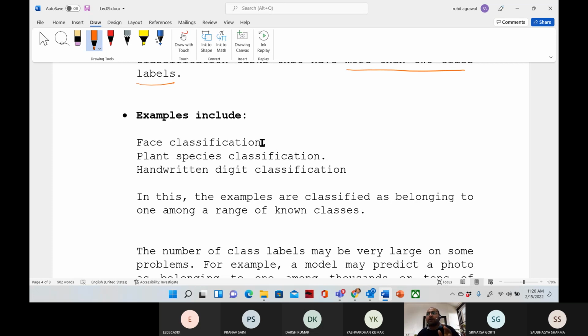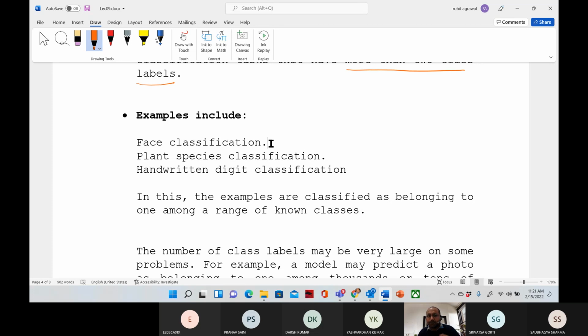Suppose there are 10 people. Your goal is to build a model that, given an input image, predicts whether it is the Prime Minister or a Chief Minister, and so on.